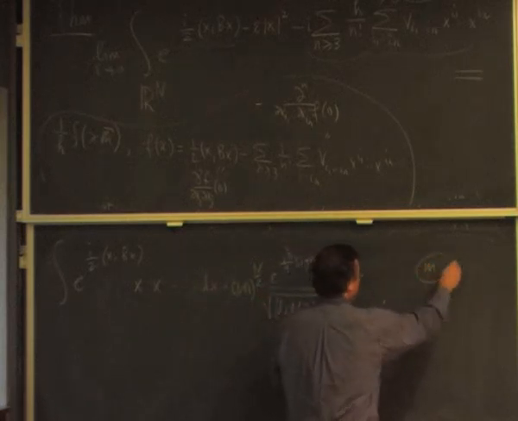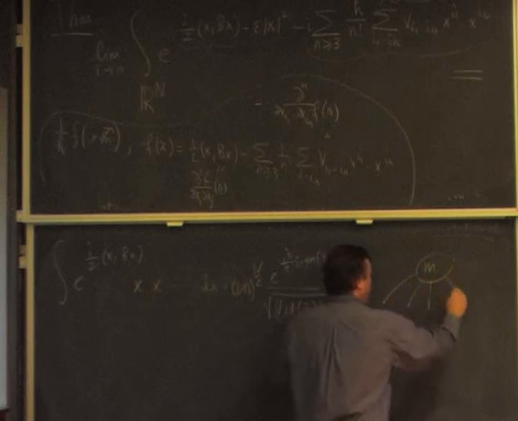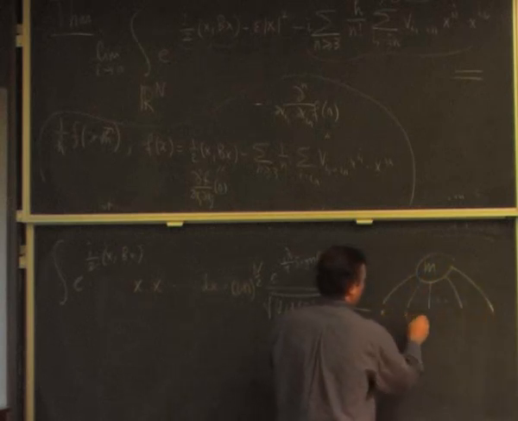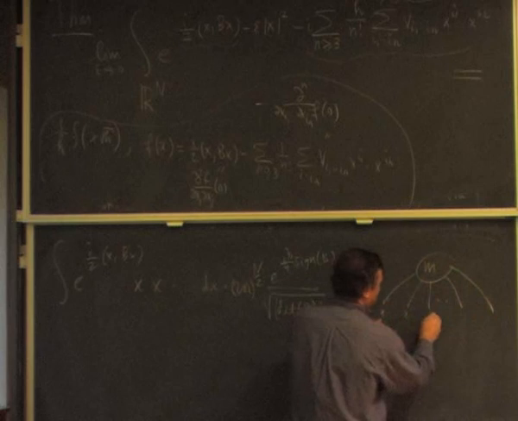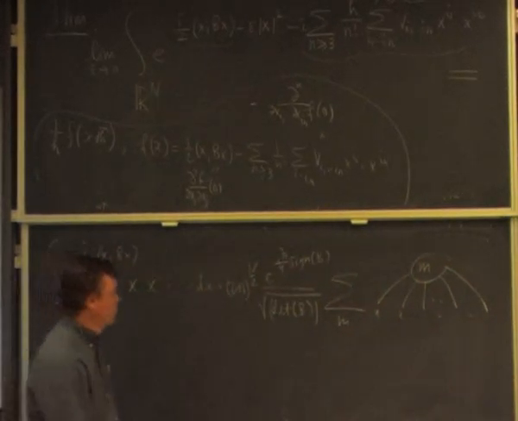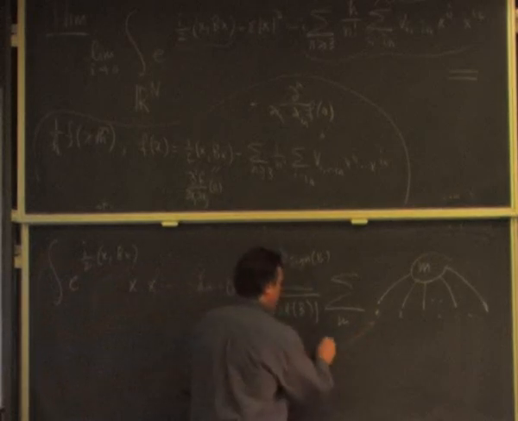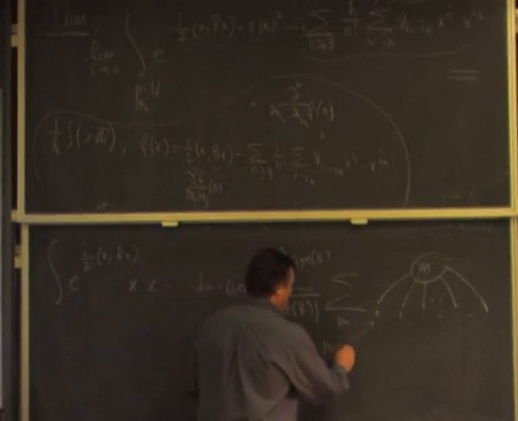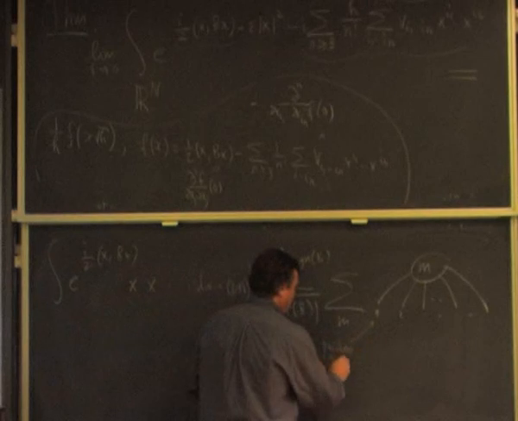Say some perfect matching: first place, second place, and so on. So these are positions in the monomial.